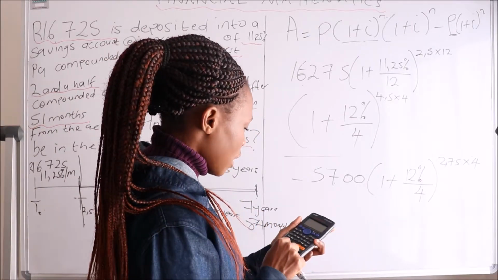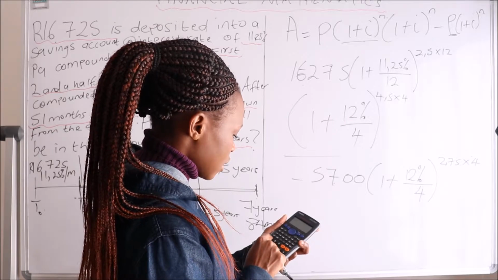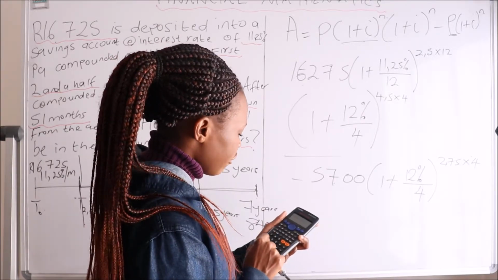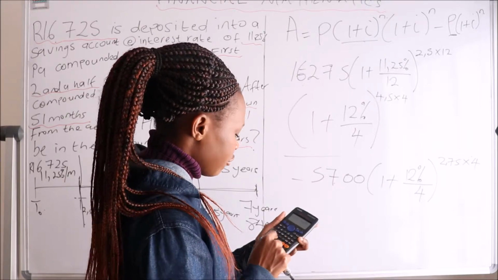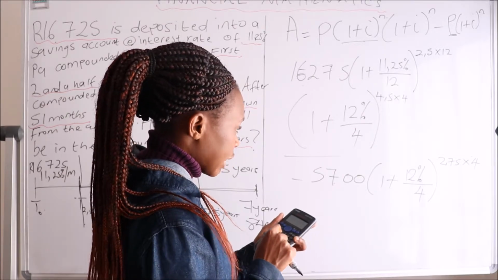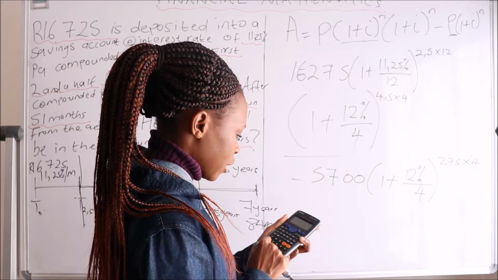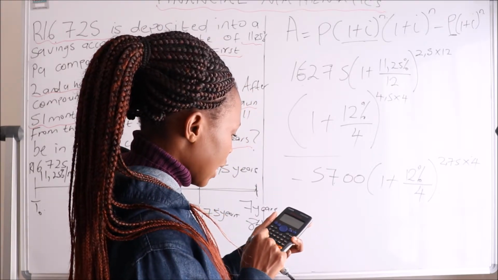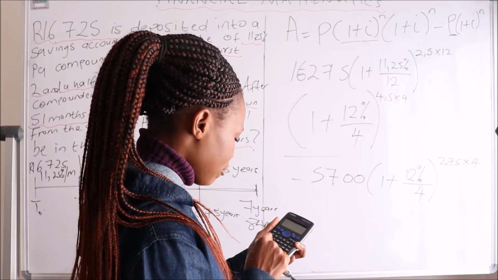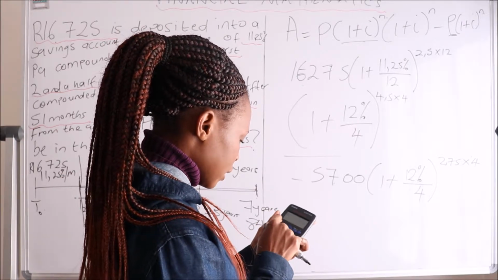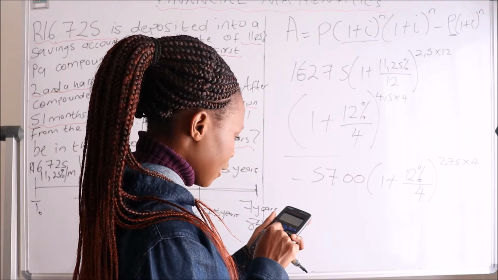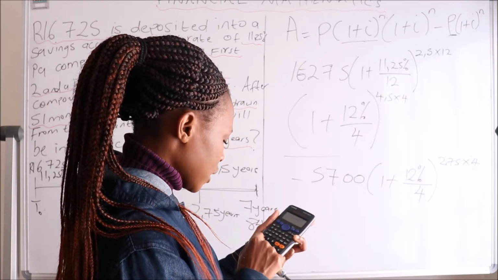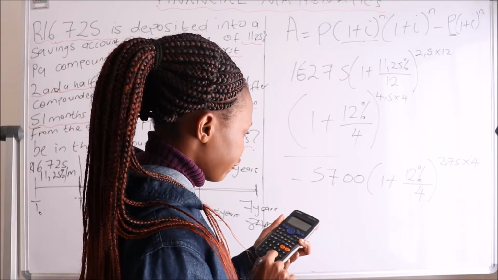Alright, then here we have 16,275 into 1 plus 11.25% divided by 12 to the exponent of 2.5 multiplied by 12. That will be multiplied again with 1 plus 12%, sorry guys, 12% divided by 4. Remember it's quarterly, so we have to divide by 4, to the exponent of 4.5 multiplied by 4.